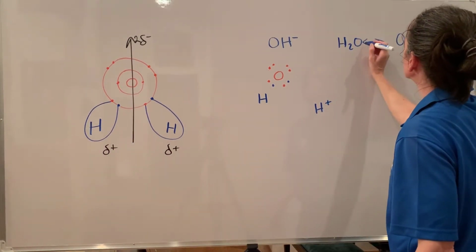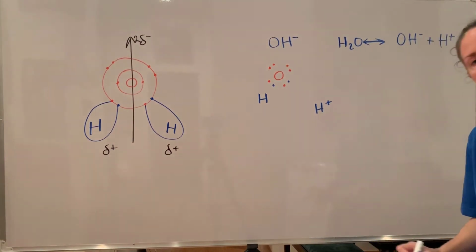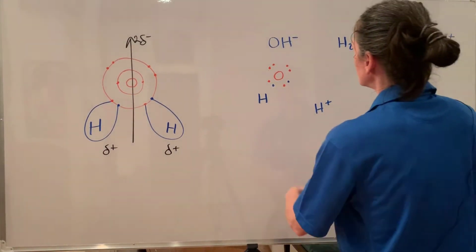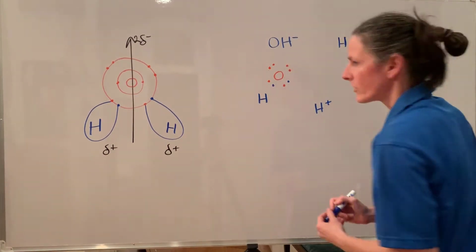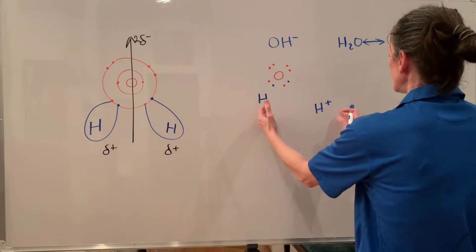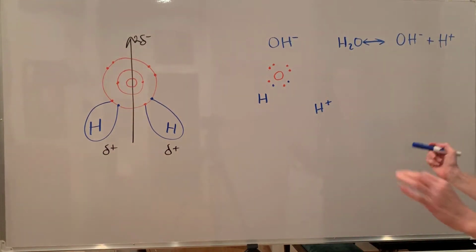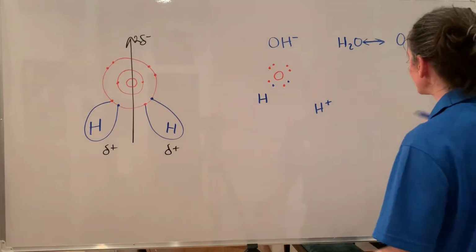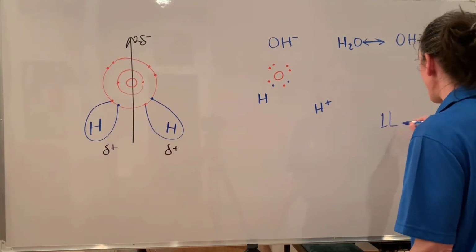So we have this reaction that is running in both directions simultaneously at equilibrium. That means that for every water molecule that dissociates, somewhere else a hydroxide and hydrogen ion are getting back together to form water.